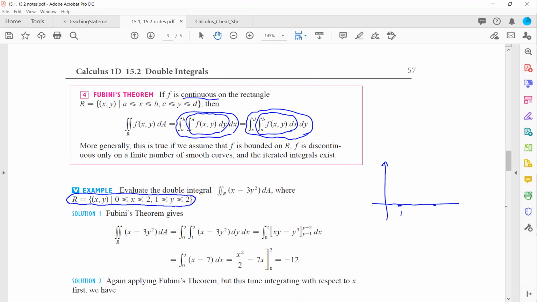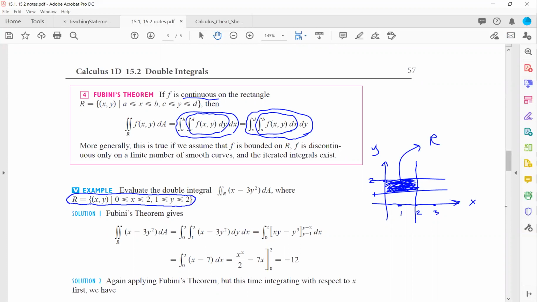So 1, 2, 3. And your y is between 1 and 2. This is your R. Very nice area in the plane.